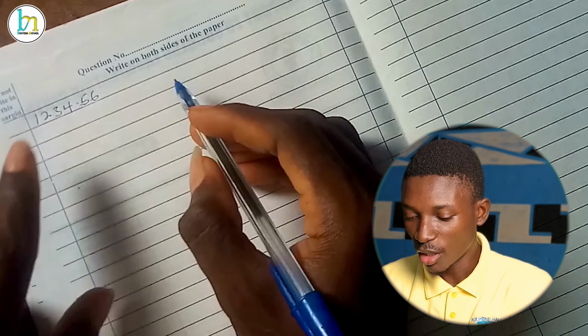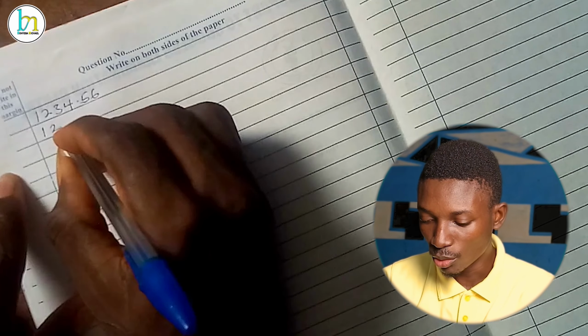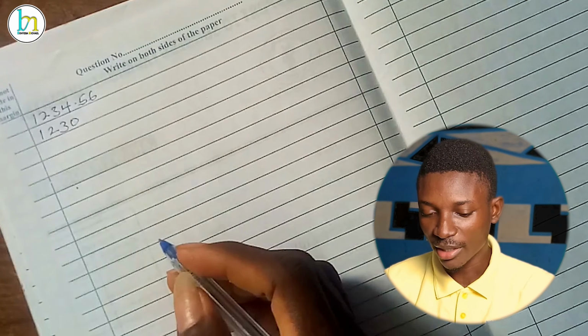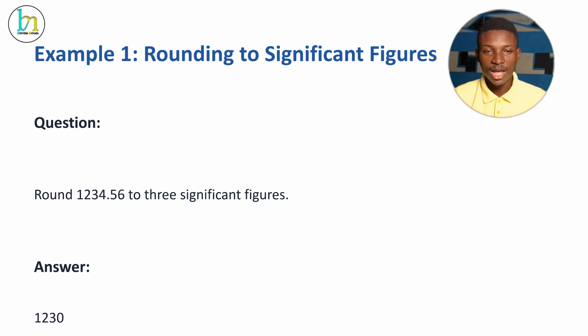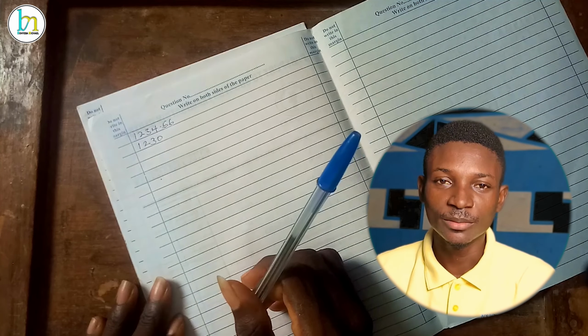So we get 12300 as our final answer. If you round 12345.56 to 3 significant figures, you are going to get 12300 as your final answer.